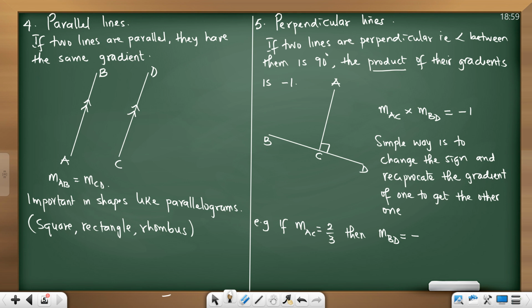If this is 2/3, we reciprocate to 3/2. You don't have to do the times to give you -1. So if the gradient of one is 2/3, the other is -3/2. We just change the sign and reciprocate, only if the angle between them is 90 degrees.